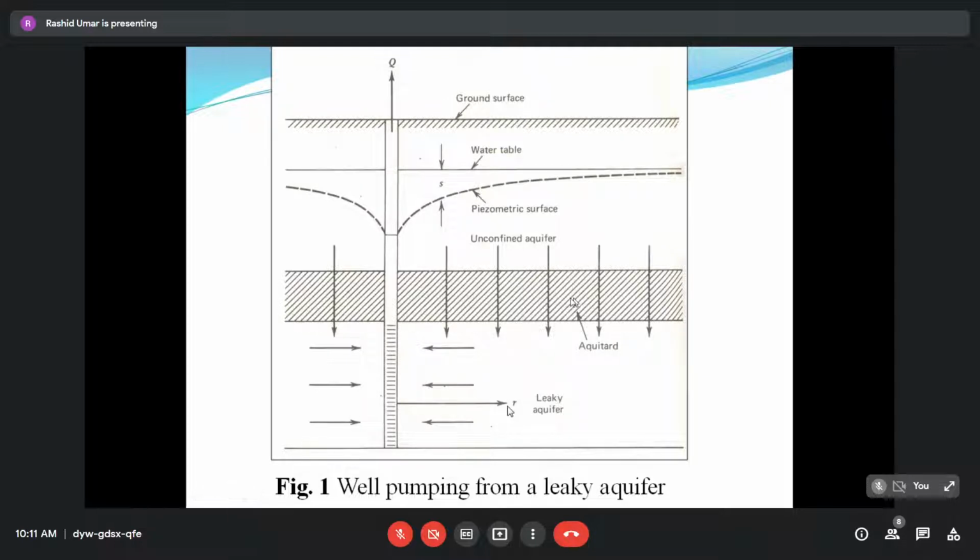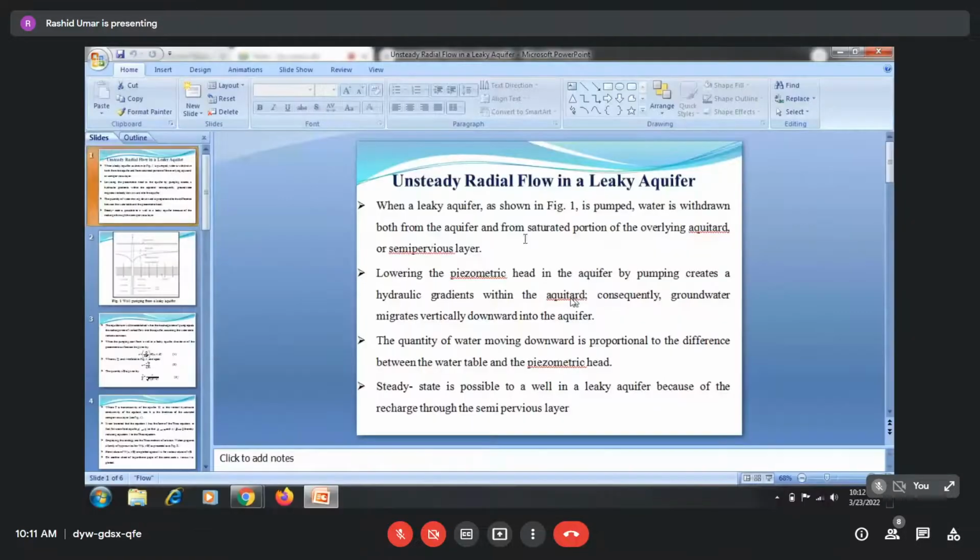Okay, now I will come to the portion which I have written here. When a leaky aquifer, as shown in the figure, is pumped, water is withdrawn both from the aquifer and from the saturated portion of the overlying aquitard or semi-pervious layer. I have explained this to you. Lowering of piezometric head in the aquifer by pumping creates a hydraulic gradient within the aquitard.